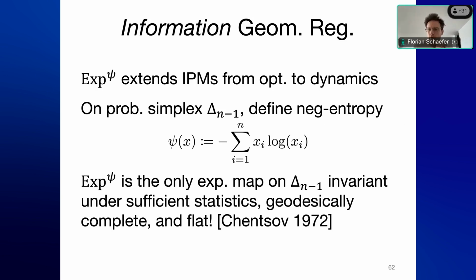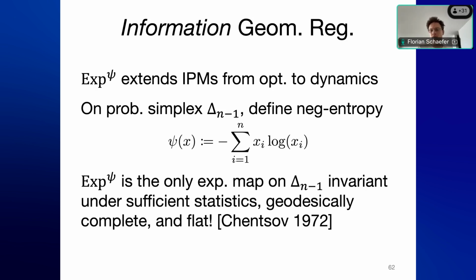The dual exponential map associated with this negative Shannon entropy is a very important object in the field of information geometry, so basically the geometric study of statistical objects, because it's the only affine connection that is invariant under information preserving maps, that is geodesically complete, meaning you don't run out of the probability simplex as you follow it, and that is flat, meaning it doesn't have any curvature.